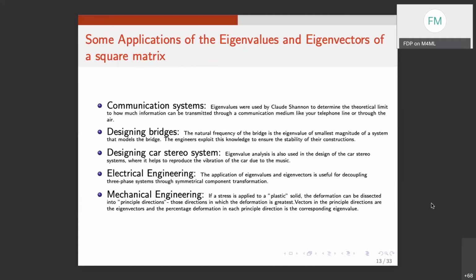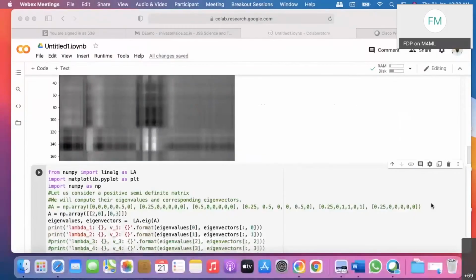Let us say I take one simple application. Suppose I want to find out the most important application.